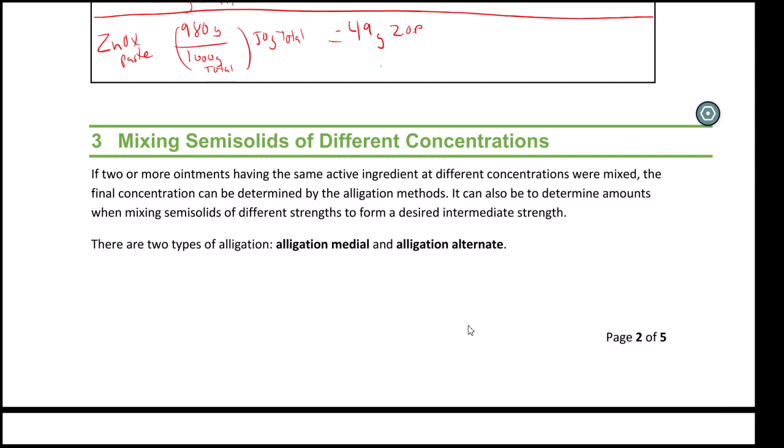So in our first case, we're looking at different strengths. They're the same medication, but just in different strengths. And we can dilute them or mix them together to get a strength that we need somewhere in the middle.